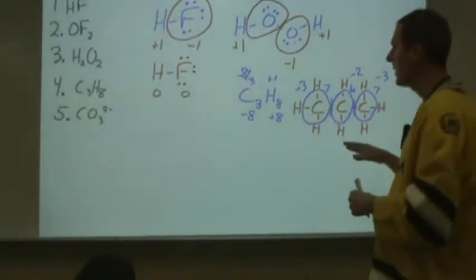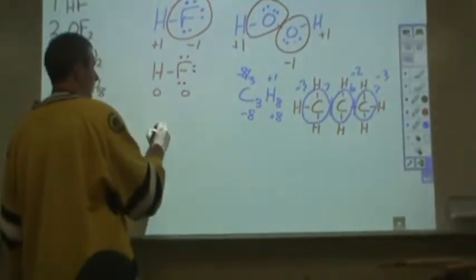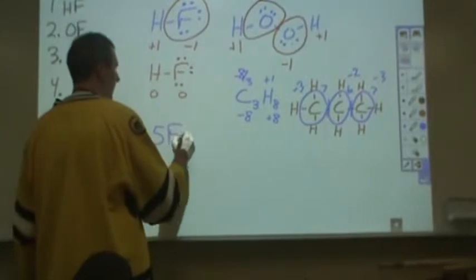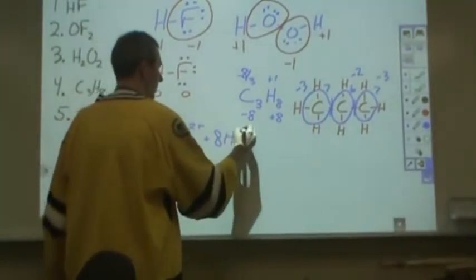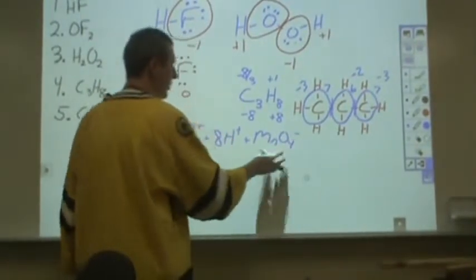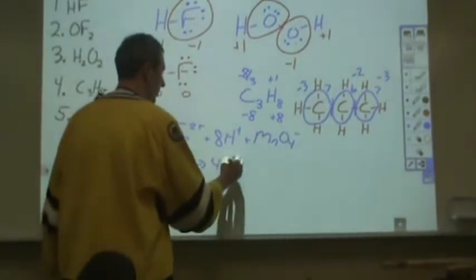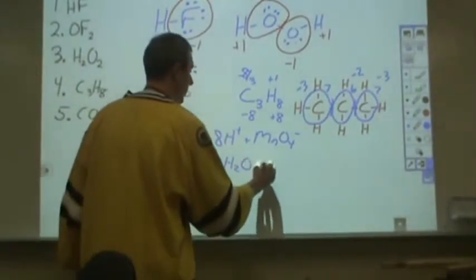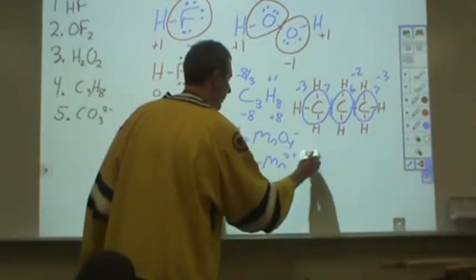So our assigning of oxidation numbers is really so that we can go through and take a look at an equation. So maybe we have something like this, where we react iron 2 with permanganate and acid, and it turns into water, and then Mn 2 plus, and iron 3.